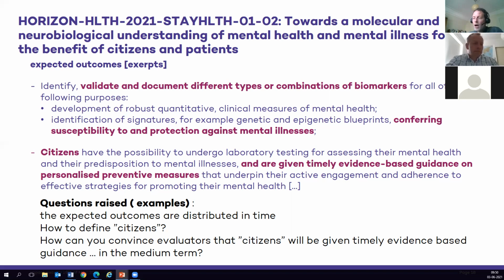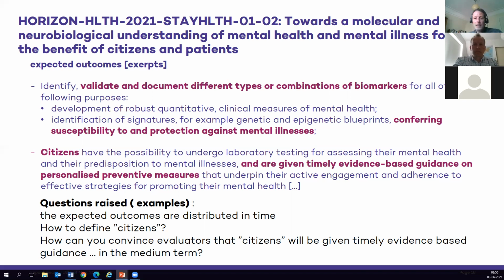So this would be a concrete way of addressing this outcome and breaking it down into something that you can handle, and where you would be able to have a structured debate or invite people representing this specific citizen group into your project, link them to your project, so that you can convince evaluators that you're actually taking a concrete step towards delivering this outcome.